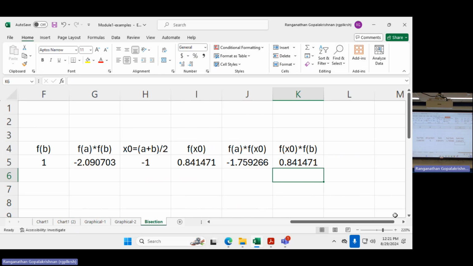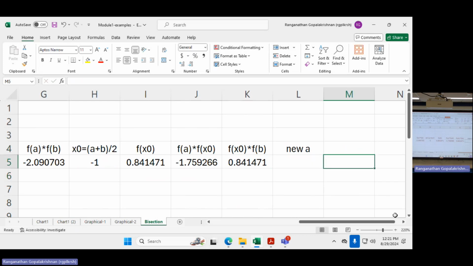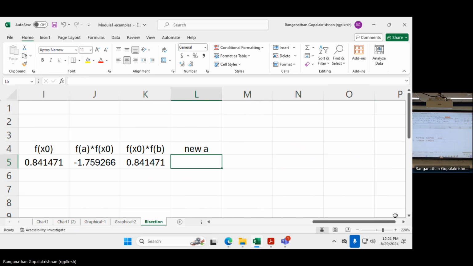Keep the left same, make the center the new right. Okay? How do you put that into a statement? So if I say new A, how do you turn that into a statement? If this is negative, that is your condition.